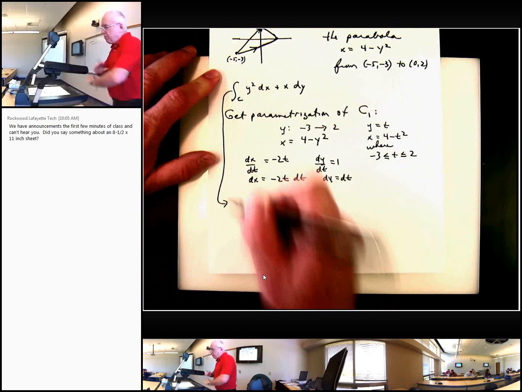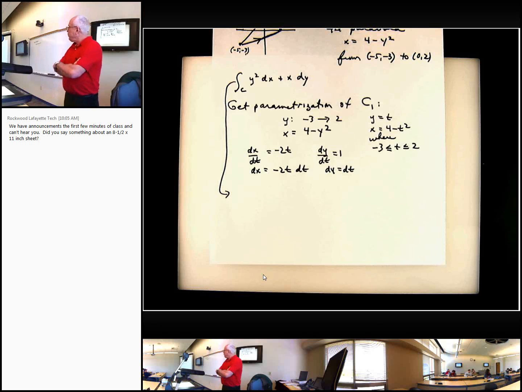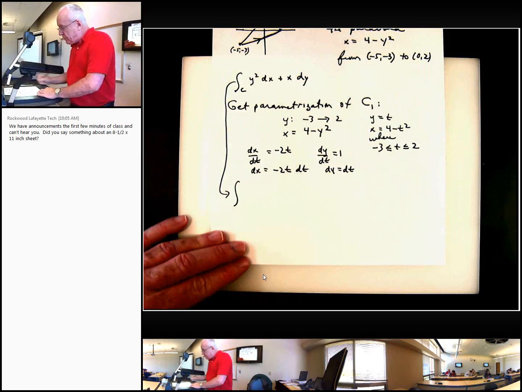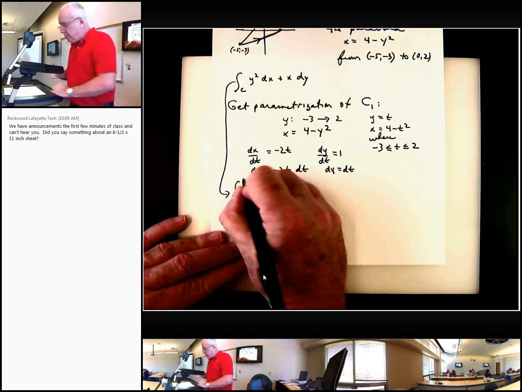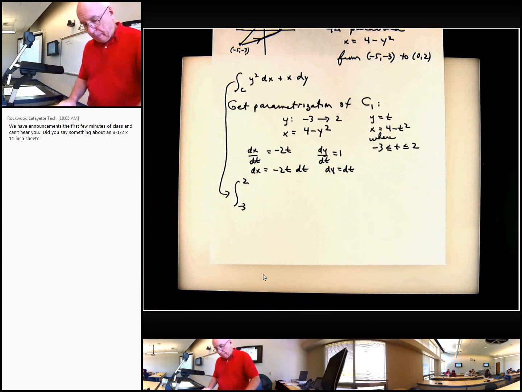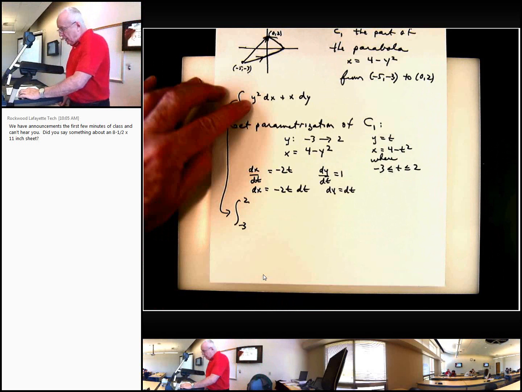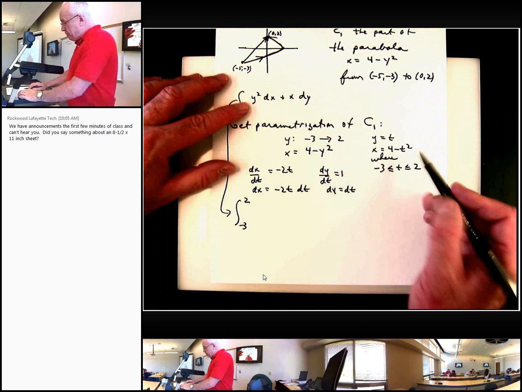So let's see what we have here. First of all, we're going to put our limits of our parameterization here. So we have our integral sign, and our lower limit for t is -3. Our upper limit is 2. All right. Now, what's our function here? We have y squared. So I replace it with how I'm parameterizing y.